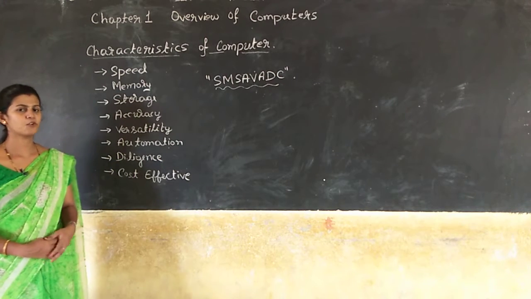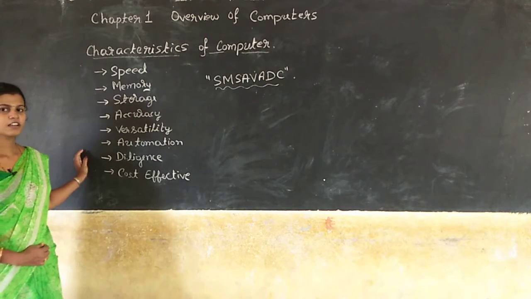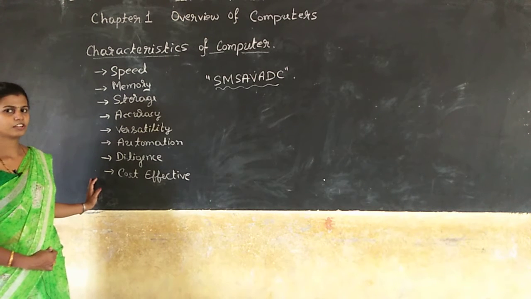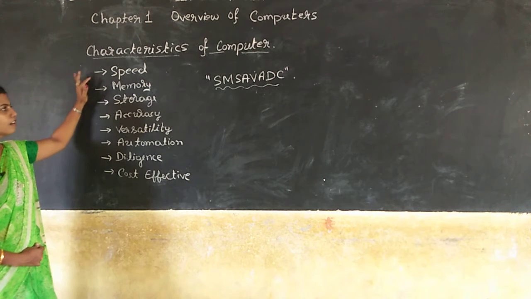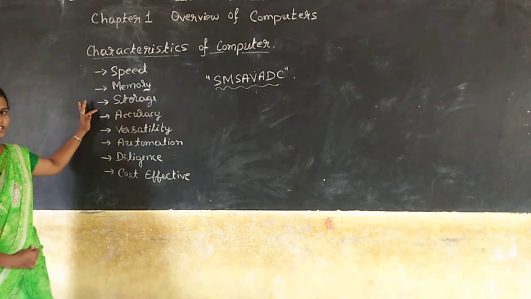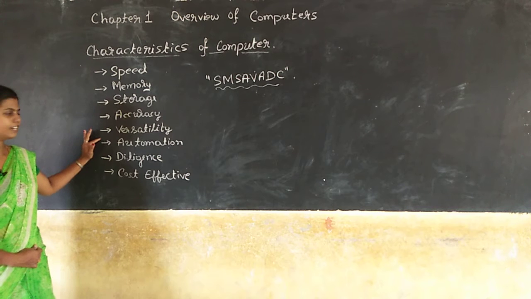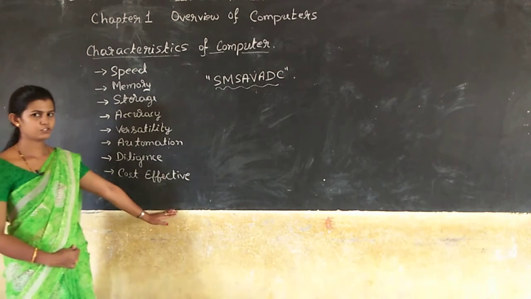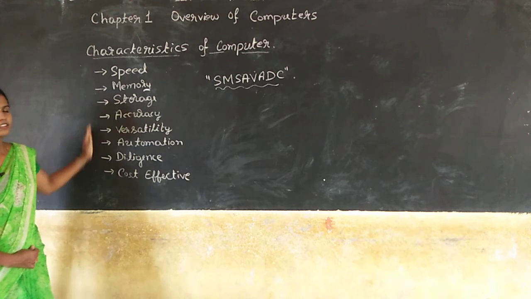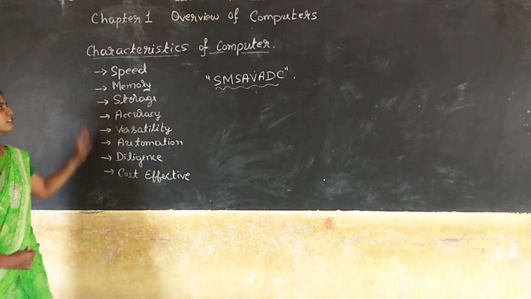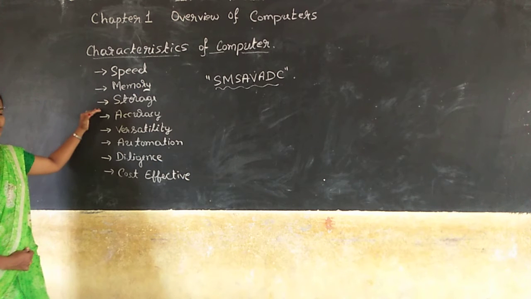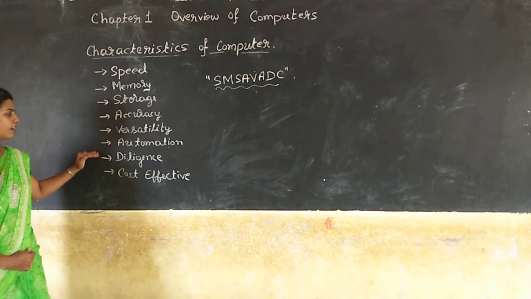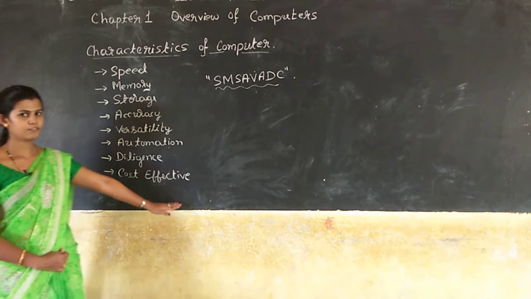Today we will discuss some of the characteristics of a computer. These are very important characteristics of a computer. The characteristics of computers are speed, memory, storage, accuracy, versatility, automation, diligence and cost effective.